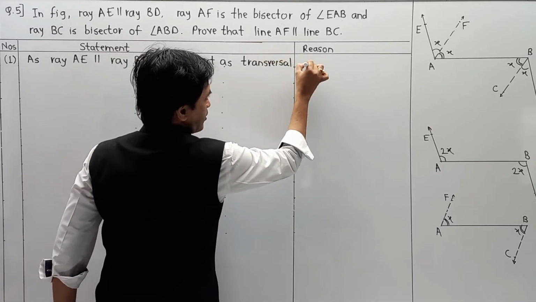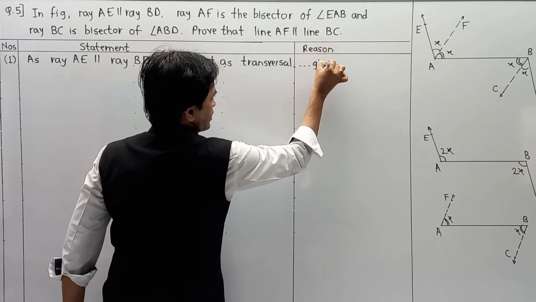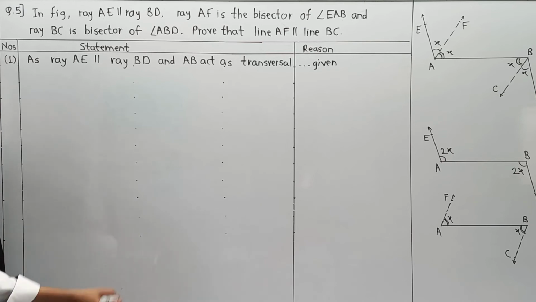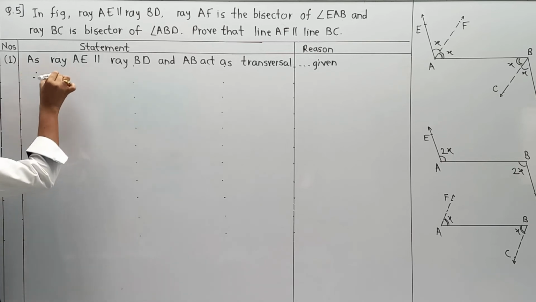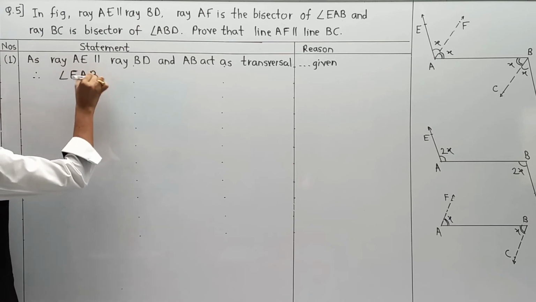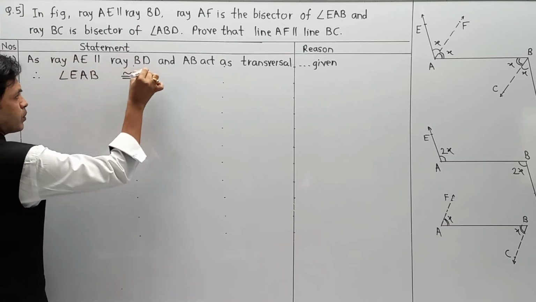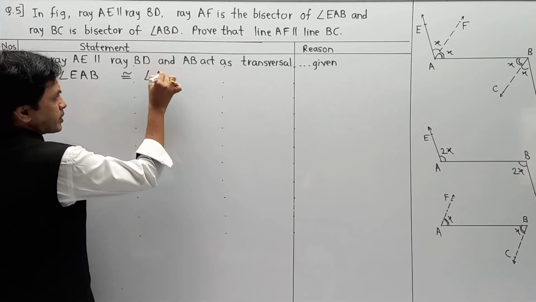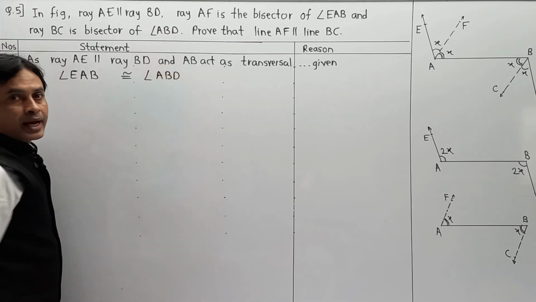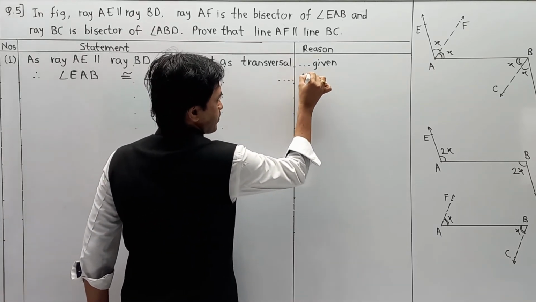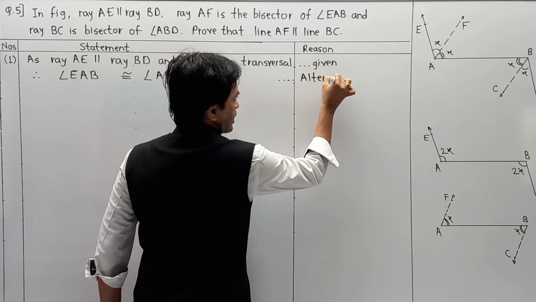We can say this is given. Because ray AE is parallel to BD, as they have given us, naturally angle EAB is congruent to angle ABD, and the reason becomes alternate angles.